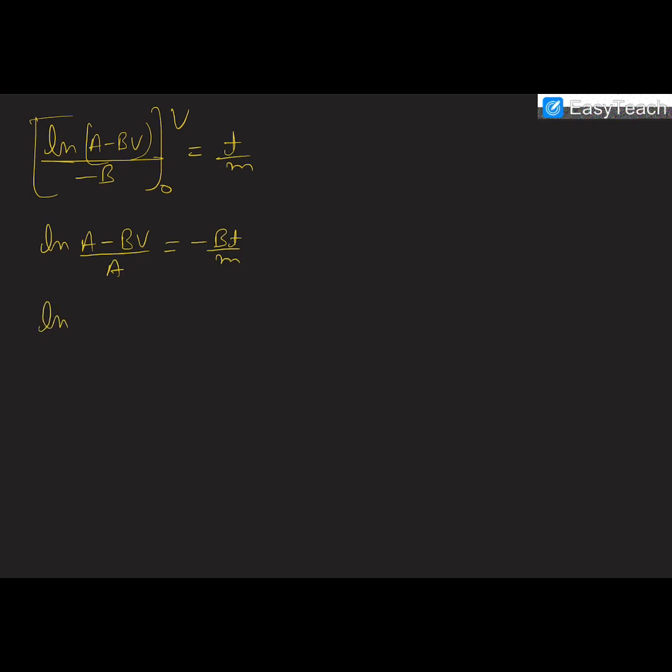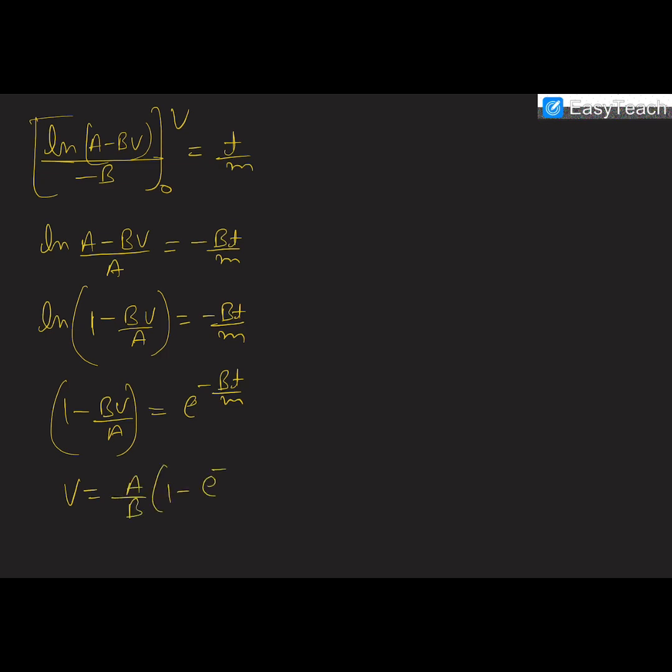So ln of 1 minus bv by a equals minus bt by m, and 1 minus bv by a equals e to the power minus bt by m. So v equals a by b into 1 minus e to the power minus bt by m.